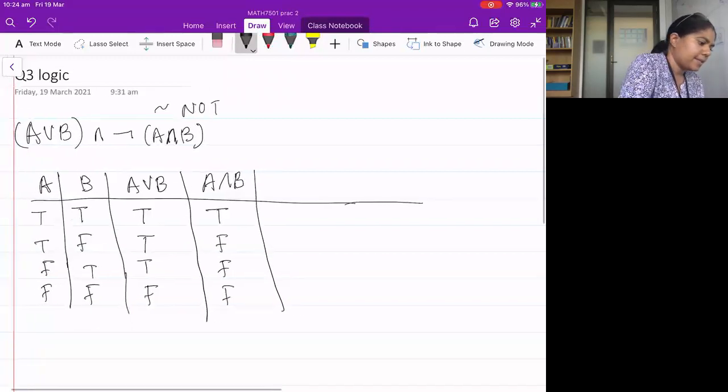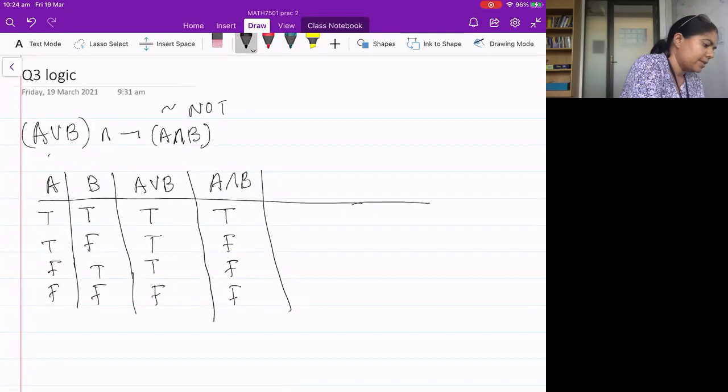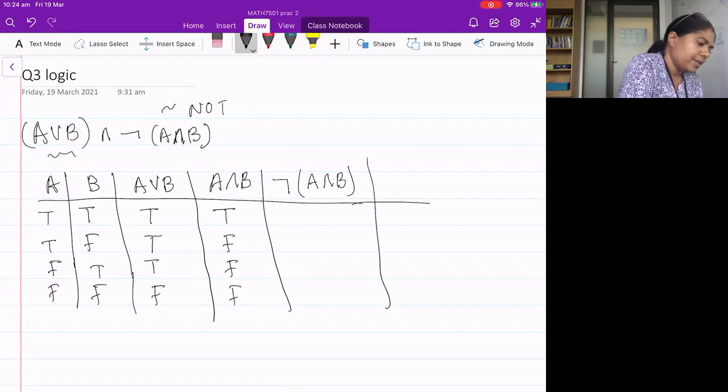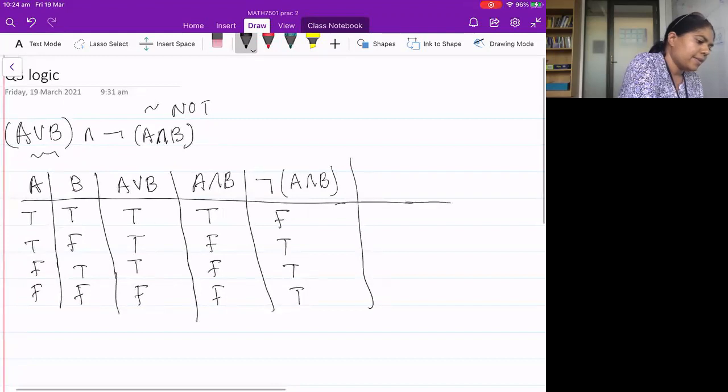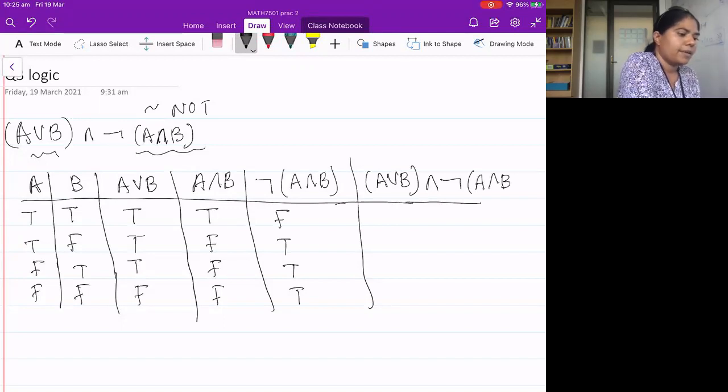And the next one I've asked is, so we got this part, and then not (A and B), which is the opposite of that. So if it's true, not is false: false, true, true, true. And the last one is, because we have that part, we can write the statement (A or B) intersection (A and B).